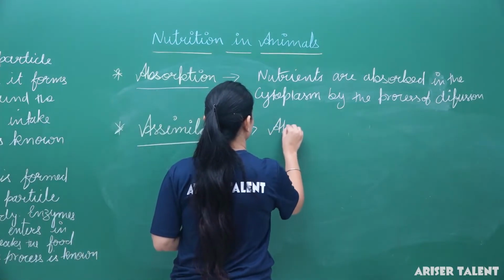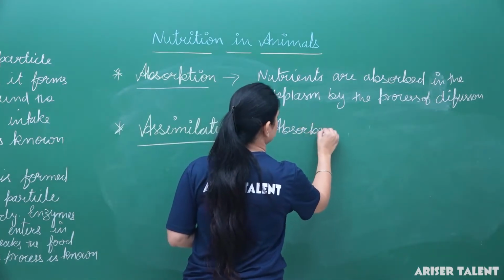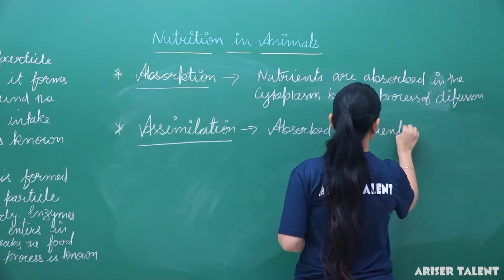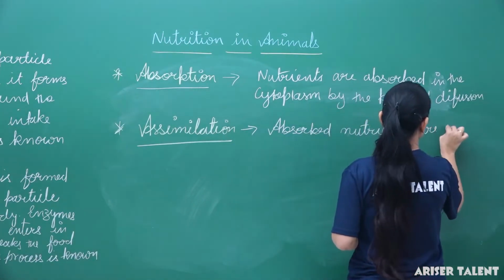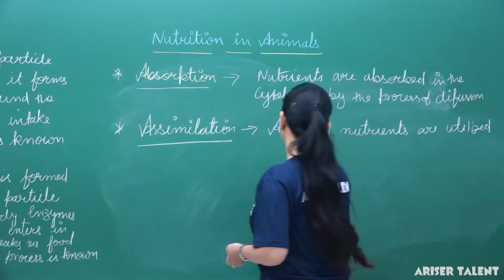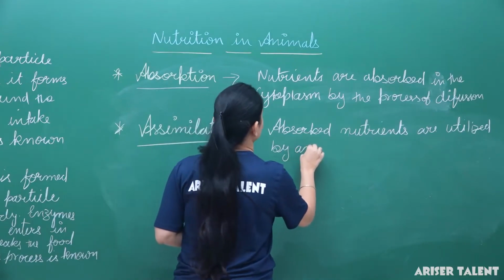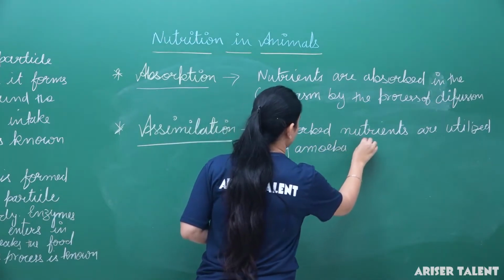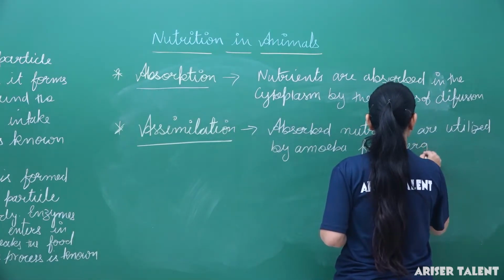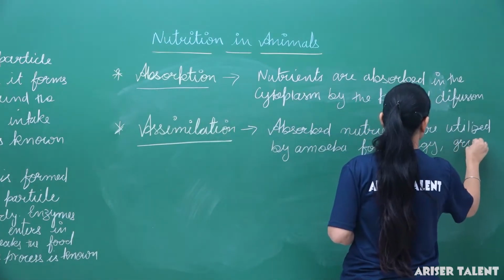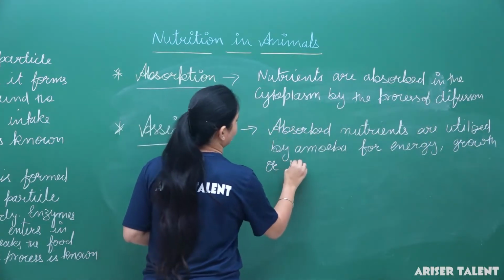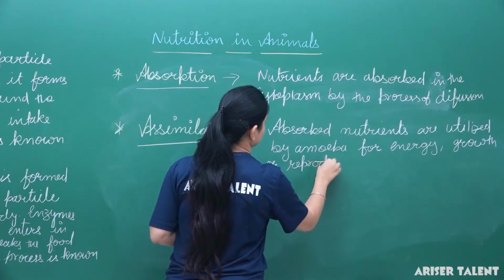Absorbed nutrients are utilized by amoeba for energy, growth or reproduction. Clear?